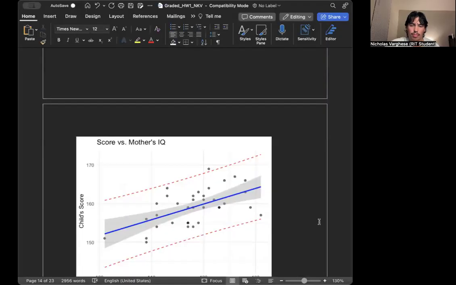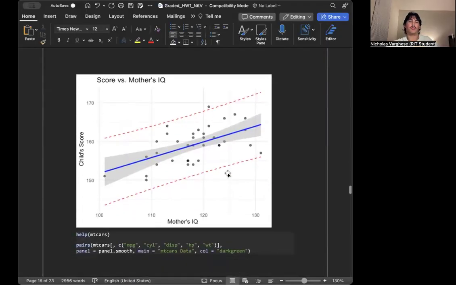Something else I thought was pretty significant within exercise one was question 10, where we look at the confidence band versus the prediction band, or the prediction interval.